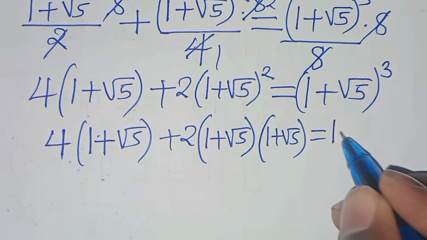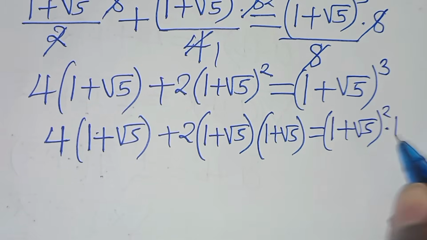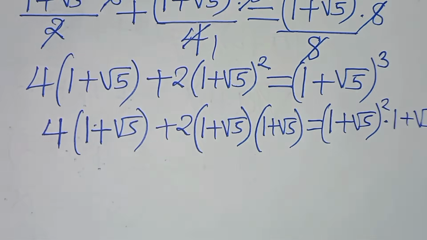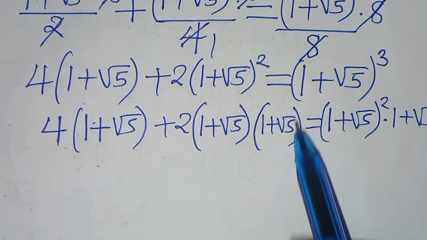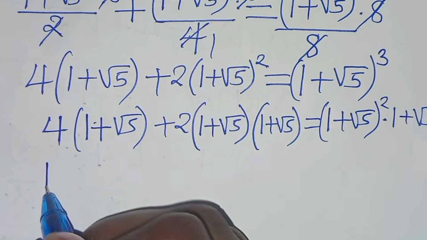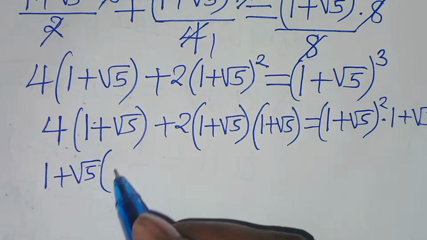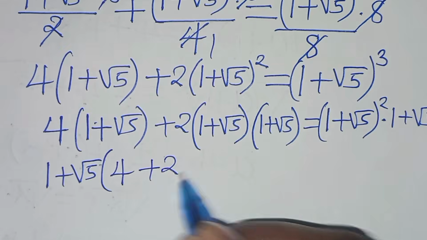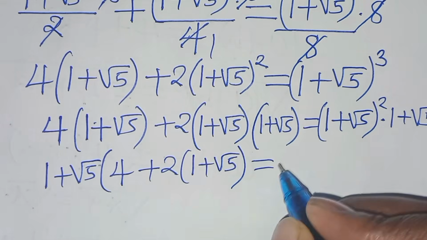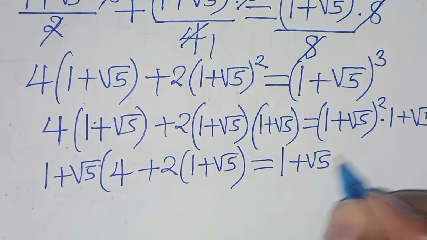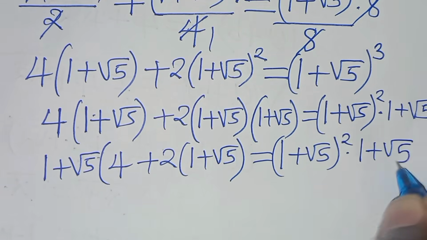This is the same thing as 1 plus square root of 5 raised to the power of 2 times 1 plus square root of 5. So from what we have here, 1 plus square root of 5 is common here. We can factor out 1 plus square root of 5 on the left hand side, so that now here we have 4 plus 2 times 1 plus square root of 5. This is equal to 1 plus square root of 5 raised to the power of 2 times 1 plus square root of 5.